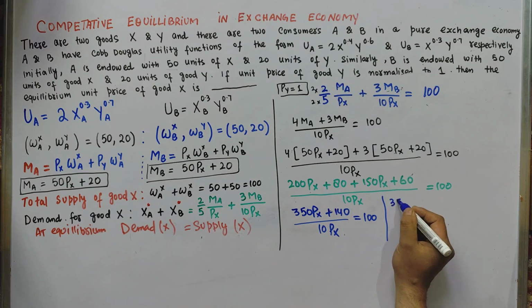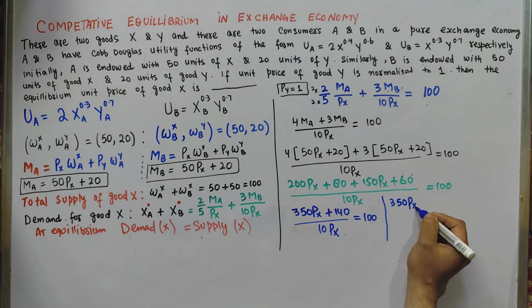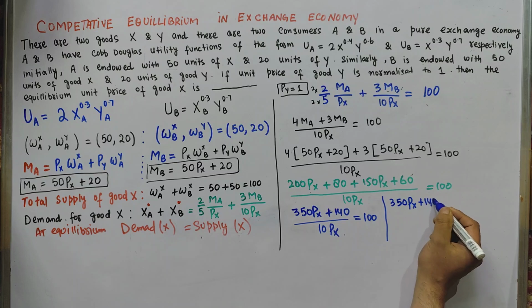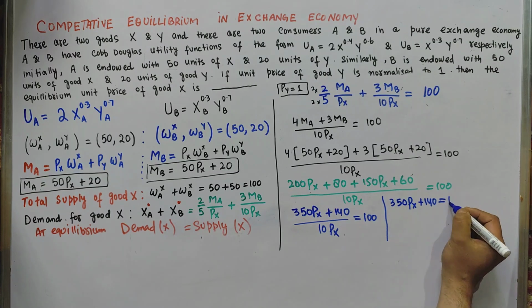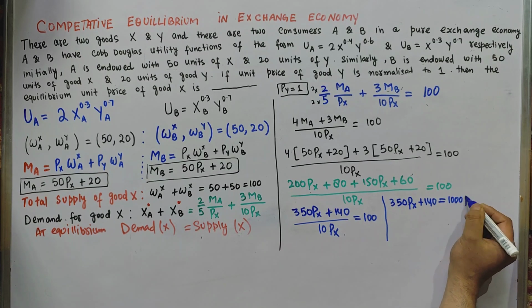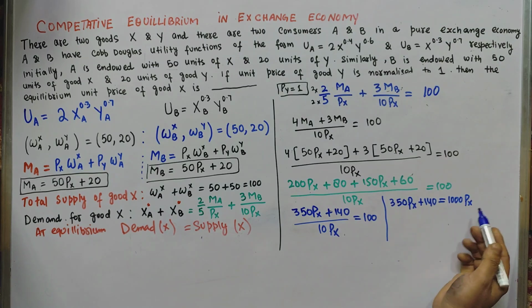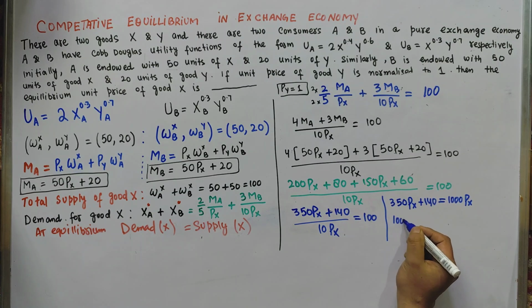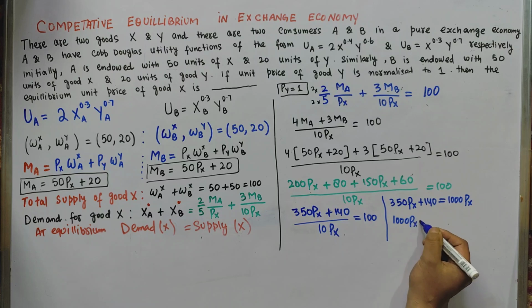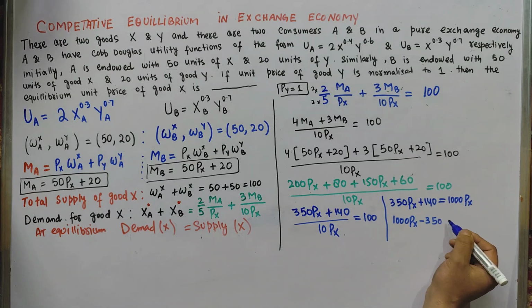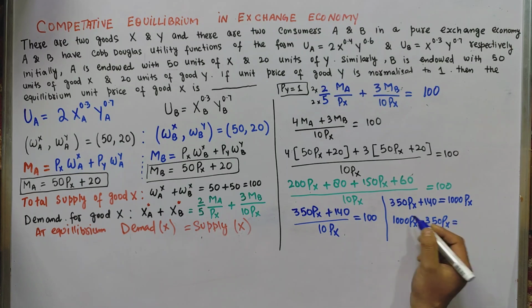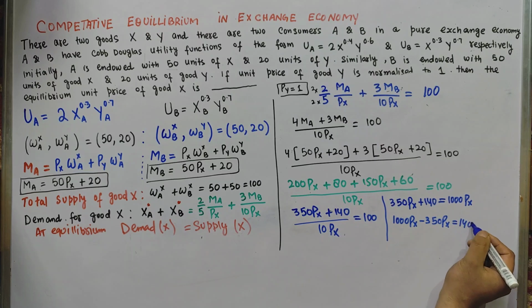So it will become 350 Price of X plus 140 is equal to 100 into 10, which is 1000 Price of X. So transposing this, 1000 Price of X minus 350 Price of X is equal to 140.